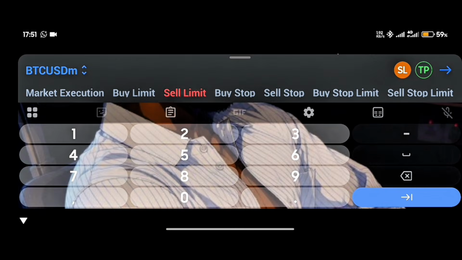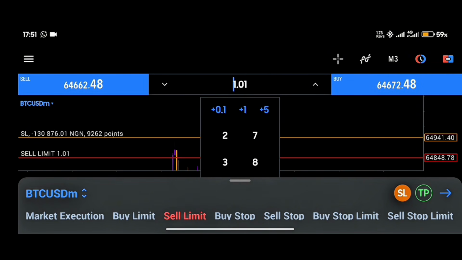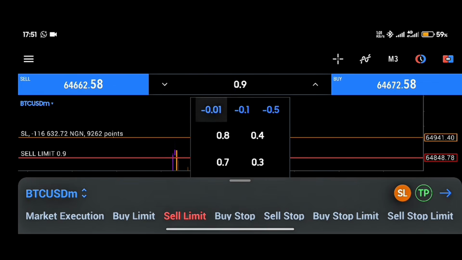And here you see, if we use one lot, it's going to be 130,000. So let's bring the lot down until we have the risk we are looking for, or something close to it. Okay, 99,700. Now this is perfect.